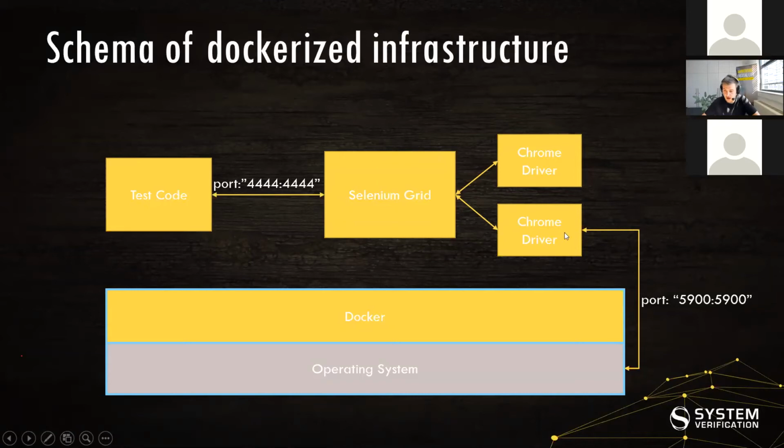I exposed a port on Chrome driver, which we didn't look at, port 5900, to the operating system. So only one port is exposed to the operating system, and the test code is running with the last CMD that we defined.